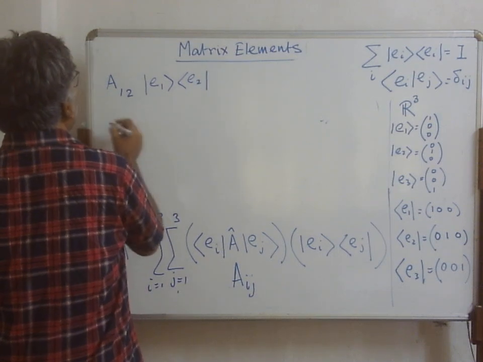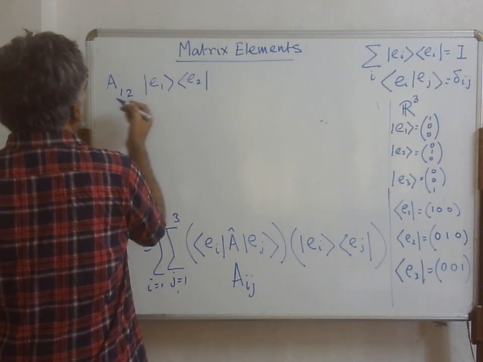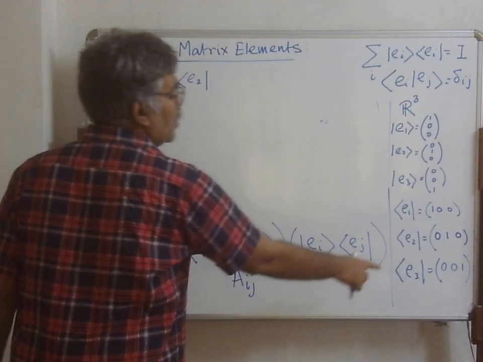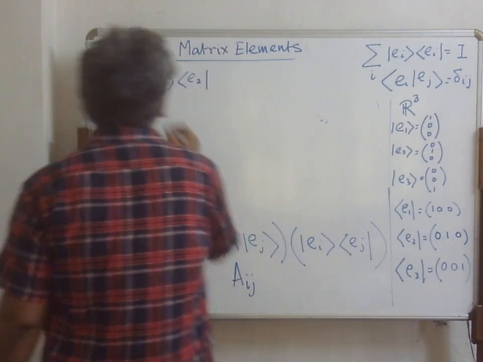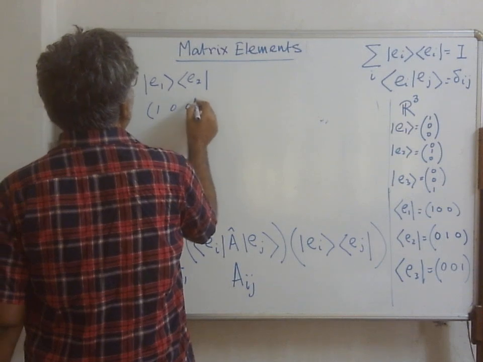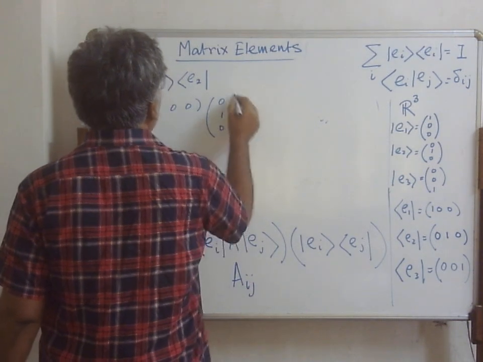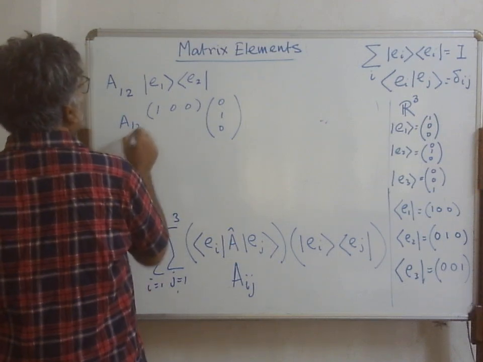So A12 is just a number. And this is a bra. So E1 is 100, times E2, 010, times A12.